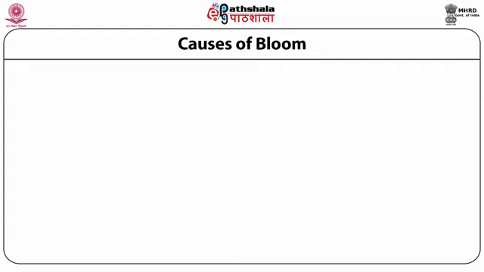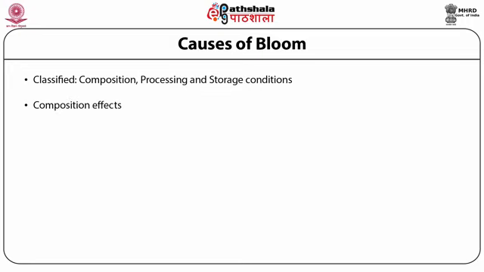You should know the causes of this bloom, and it is a very common phenomenon in chocolates. The causes may be classified as due to composition, processing and storage conditions. So what is the effect of composition? First and foremost is incompatible fats.